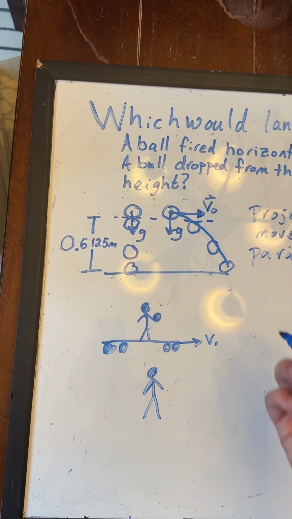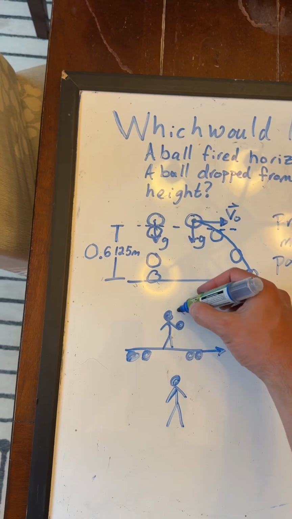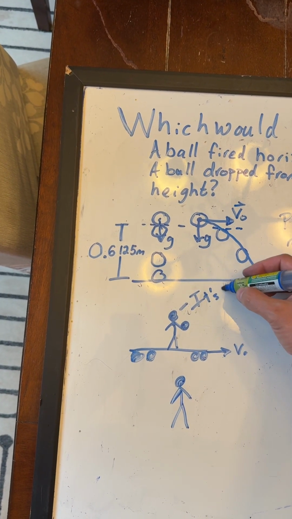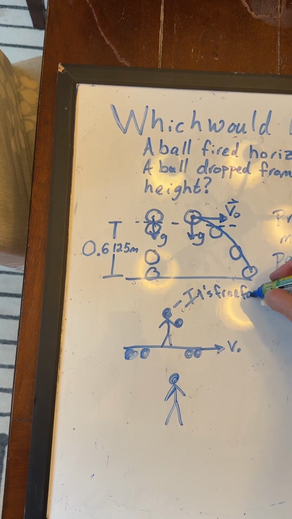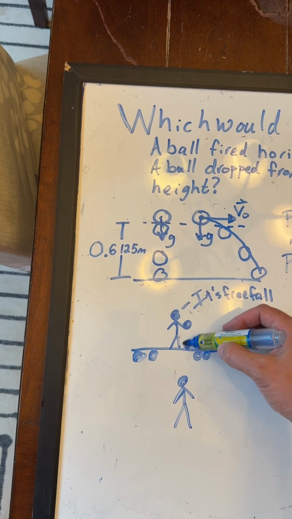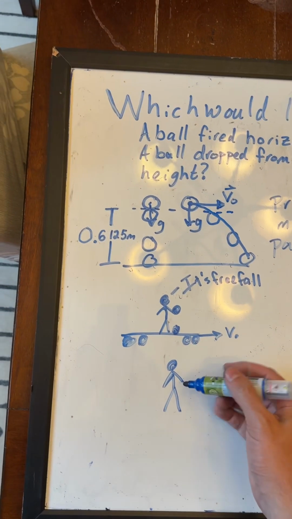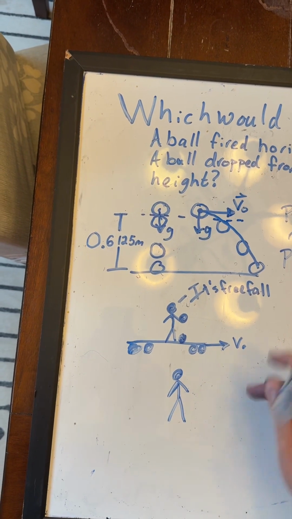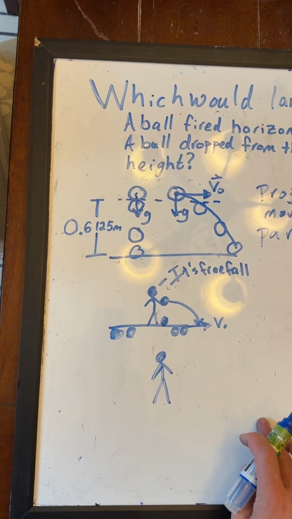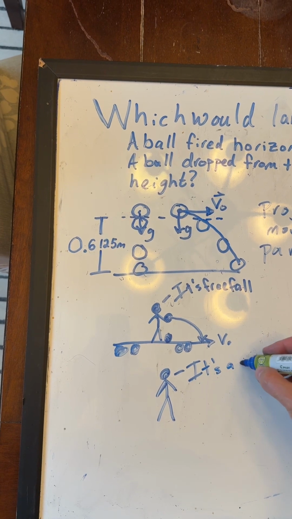If you're watching them drop this ball, from their point of view, it's free fall, because they drop the ball and it's going to land right next to them. In their point of view, it just moves straight down. From your point of view though, as the car is moving, the path of the ball is going to make that parabolic shape, and you're going to say it's a projectile.